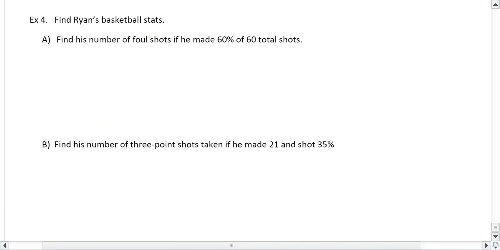So let's try our method of restating the percent equation in these examples. We're supposed to do some basketball statistics for example 4. Find the number of foul shots or free throws he made if he made 60% of 60 total shots. The way I would rephrase that is 60% of the 60 total shots is what?